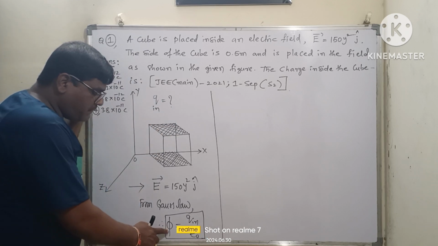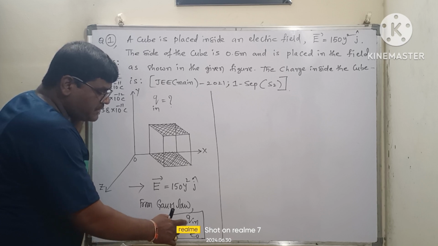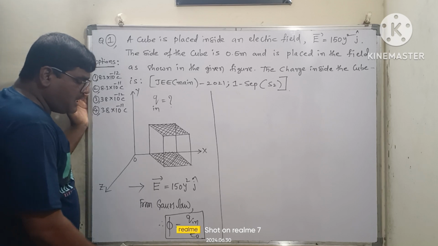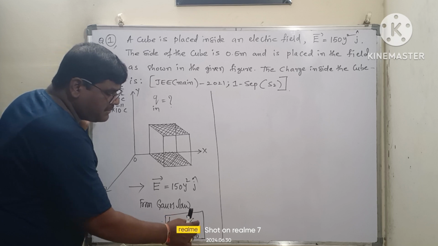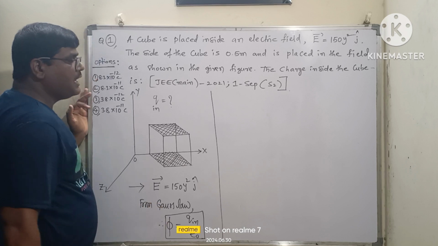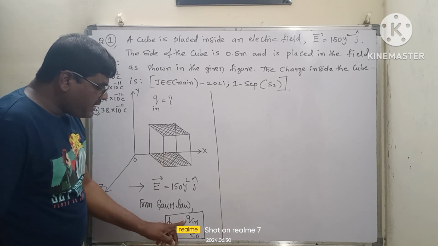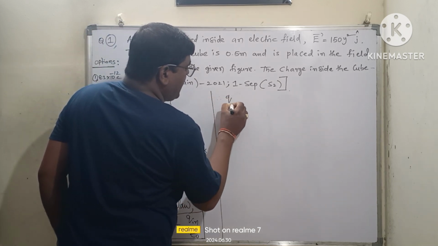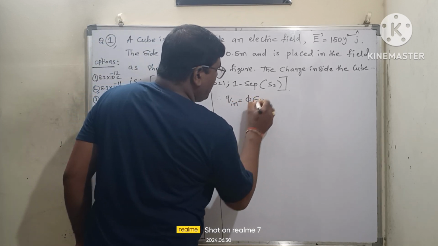The total flux through any closed surface is equal to 1 by epsilon naught times the charge inside the closed surface. But here we have to find the charge, so from the equation, charge inside is equal to flux into epsilon naught.